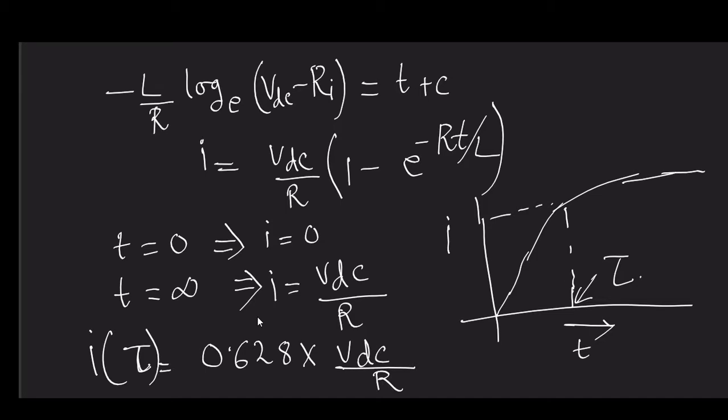How can we get this? If you put this t equal to tau, if you allow this product to become 1, then it will give you exponential to the power minus 1.